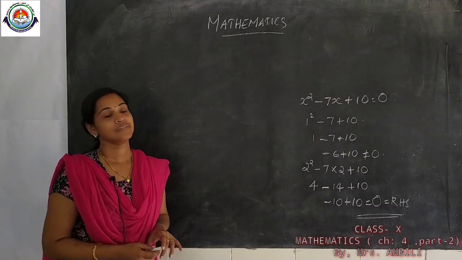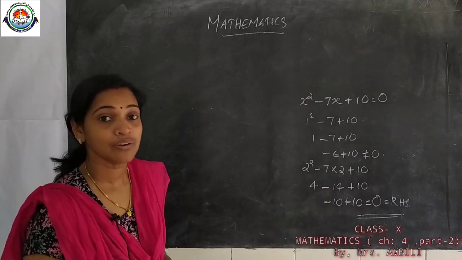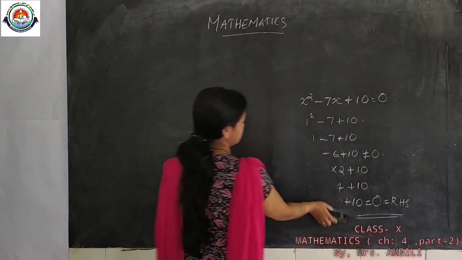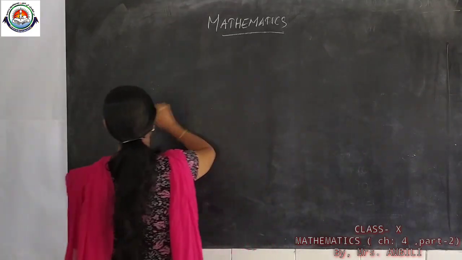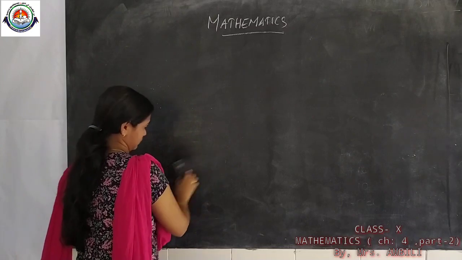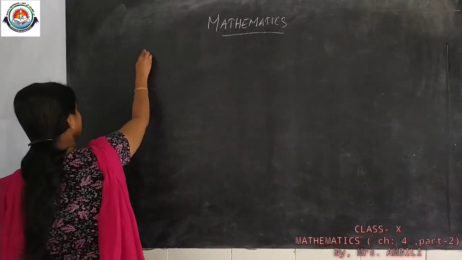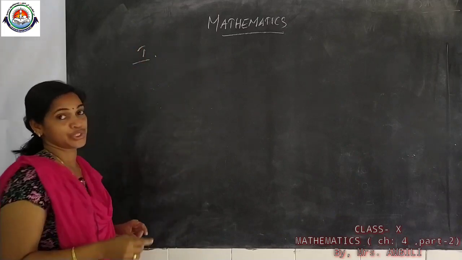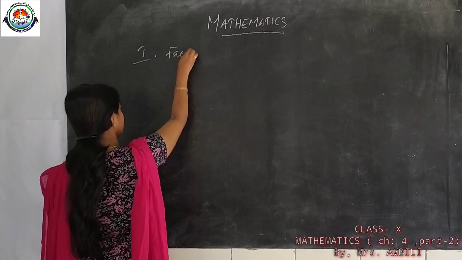So, now you understood what is the root of a quadratic equation. Then we can study those 3 methods. We can start with the first method: solving a quadratic equation by the factorization method.